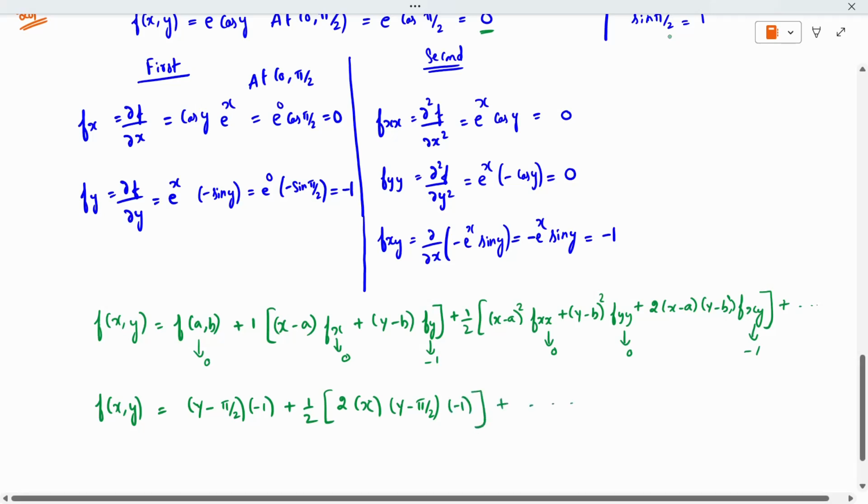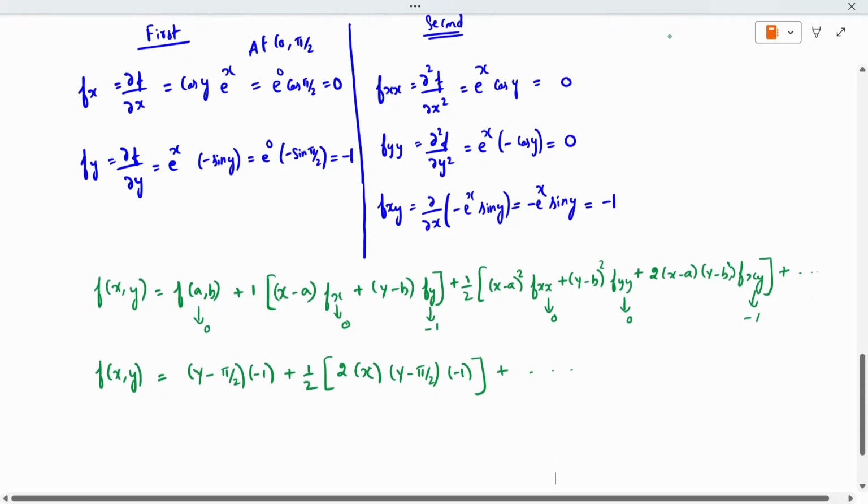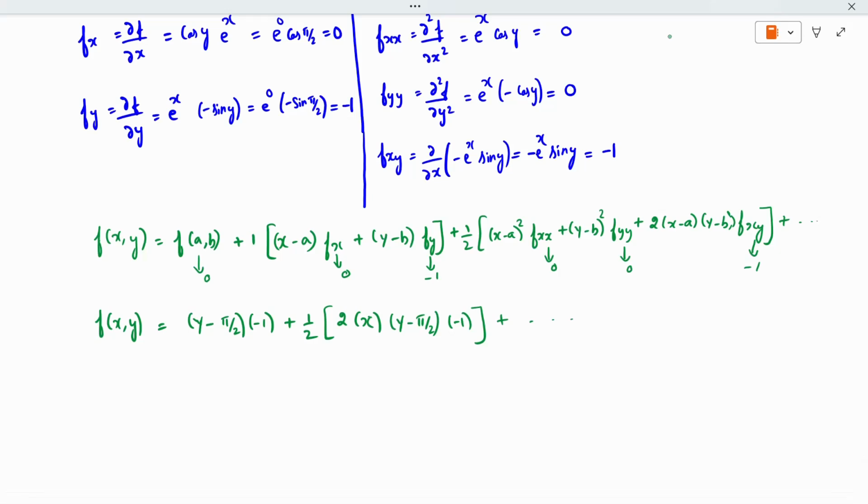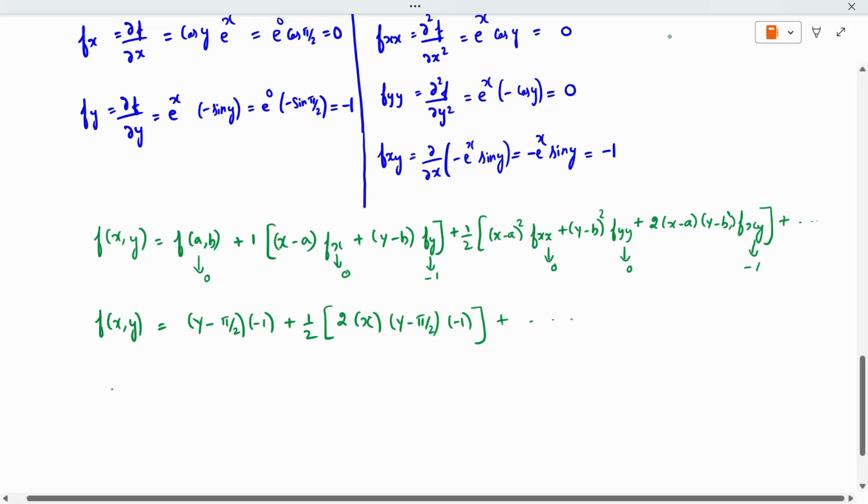Now you simplify it. We can write it in a simplified form. Y minus pi by 2 in both the terms can be taken outside. If I am able to take it outside, we can take it, no problem at all. Minus symbol also in both, so that also I will take outside.